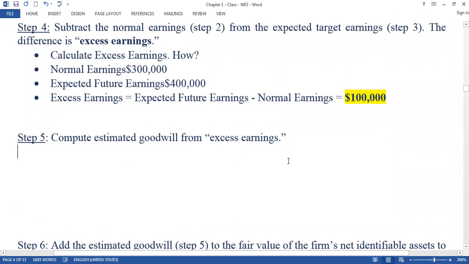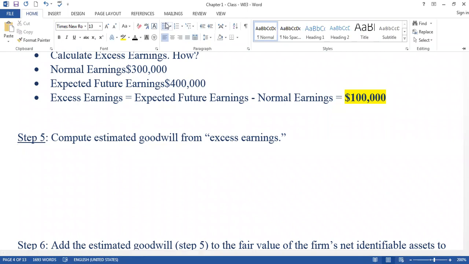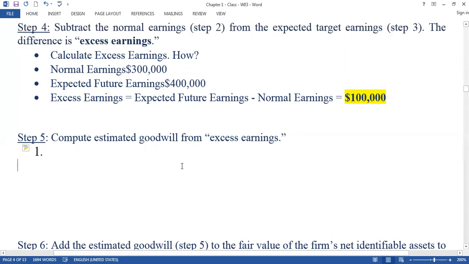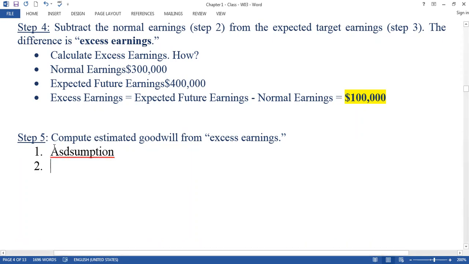Now step 5 is not very easy, but whenever you read the question, you will search for some keywords to solve this part, because the question may have several assumptions, like assumption 1 and assumption 2.